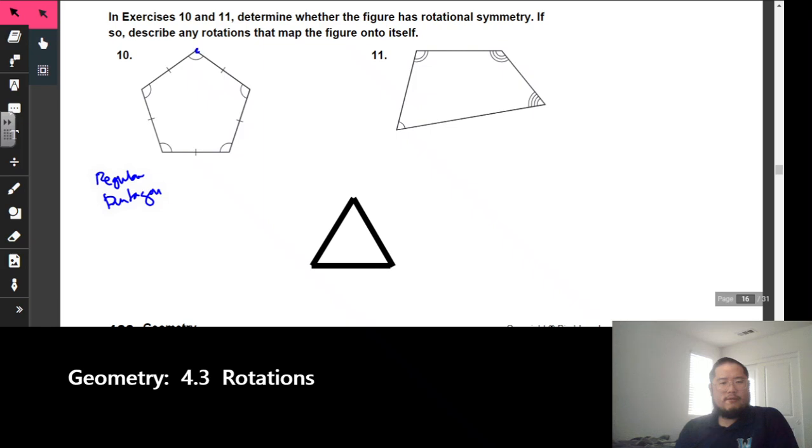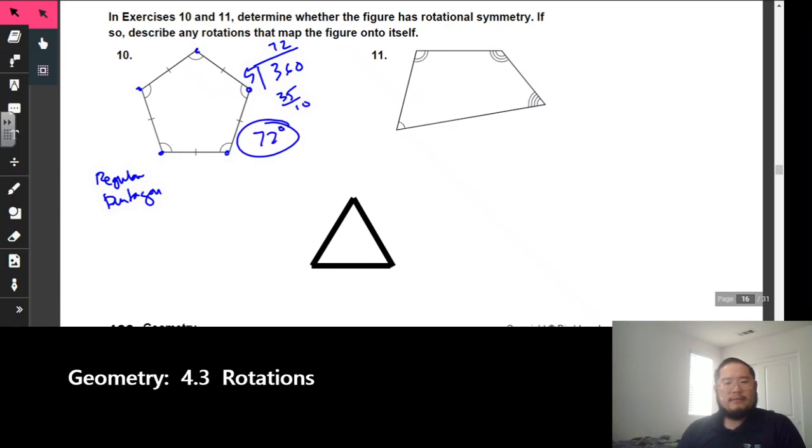I have 1, 2, 3, 4, 5 vertices. So we'll take 360 divided by 5. And you will end up with 72. So if so, describe rotations that map the figure onto itself. It happens right here at every 72 degrees.